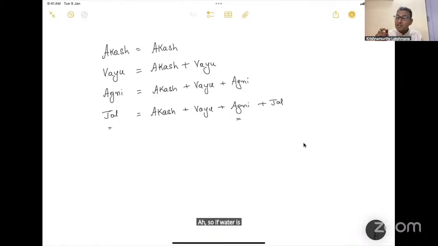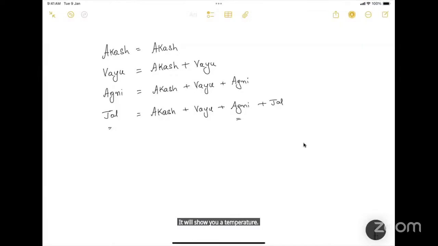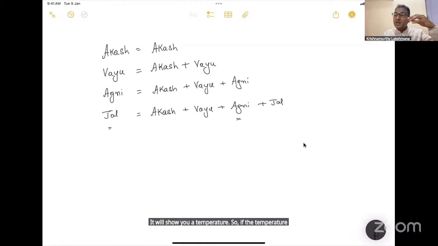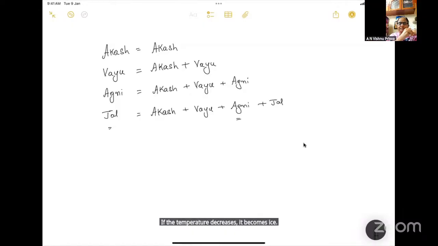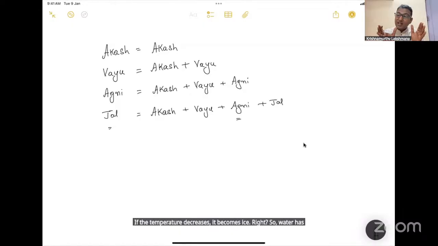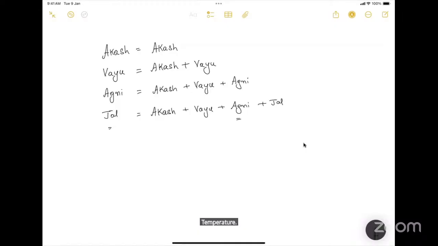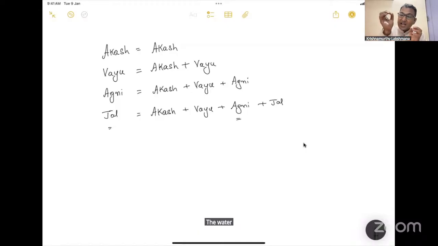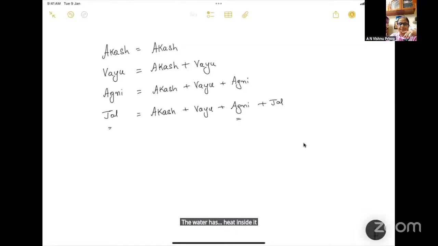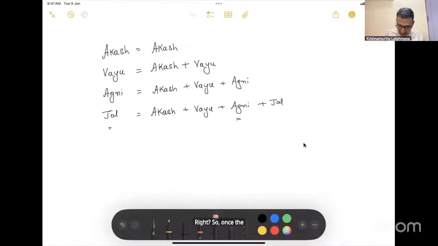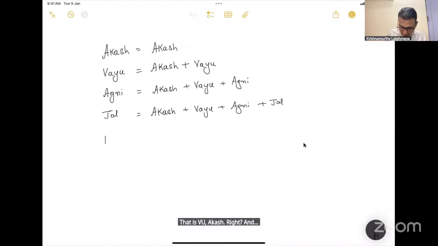If water is there, when you put a thermometer into the water, it will show you a temperature. If the temperature increases, it becomes vapor. If the temperature decreases, it becomes ice. So water has an inbuilt Agni, temperature. The Jal, the water, has heat inside it. Once the heat is there, all the other factors under heat will also be there, that is Vayu, Akash, right?